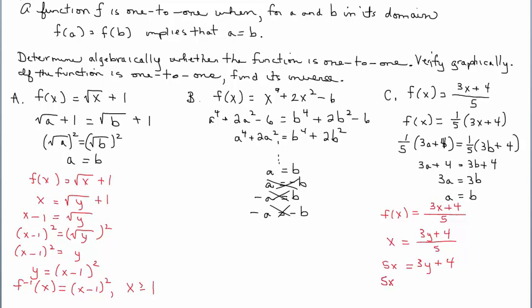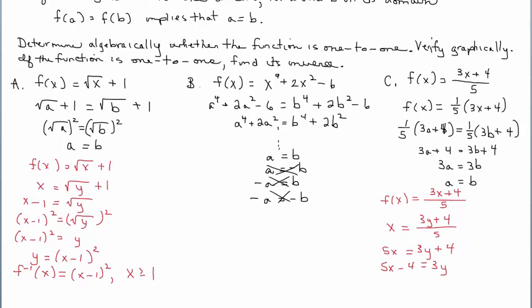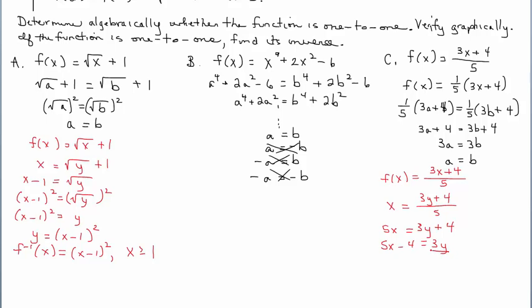Subtract 4. Divide both sides by 3. I'm going to trade sides, put the y on the left. I could leave it stacked, but I also see that this is another line, which is good, because the inverse of a linear function is another linear function.